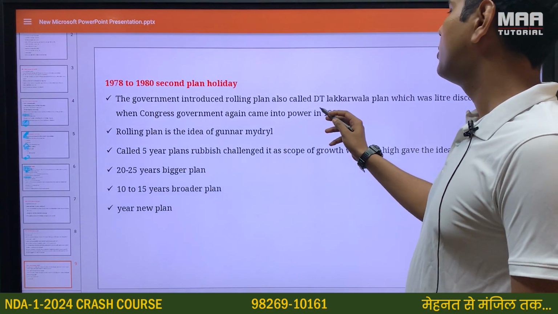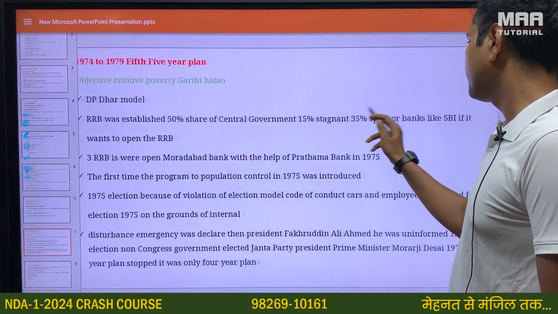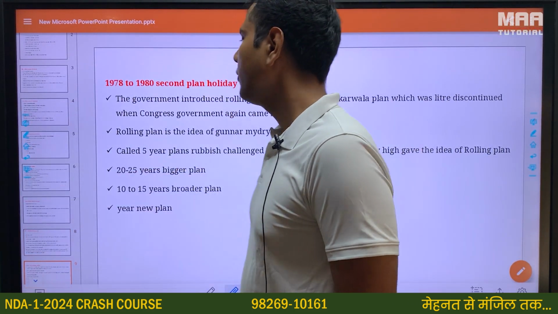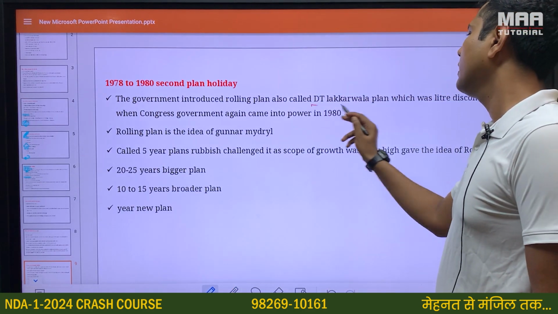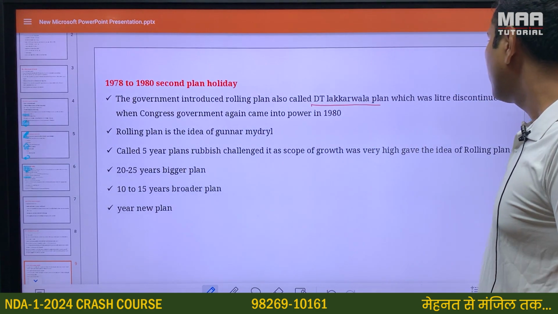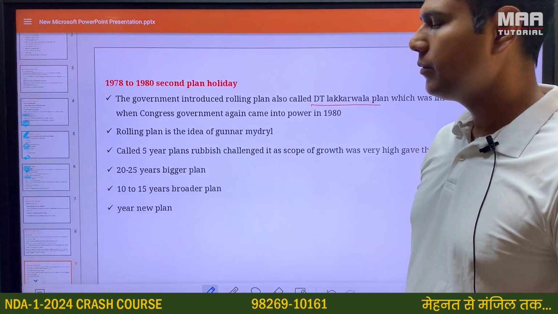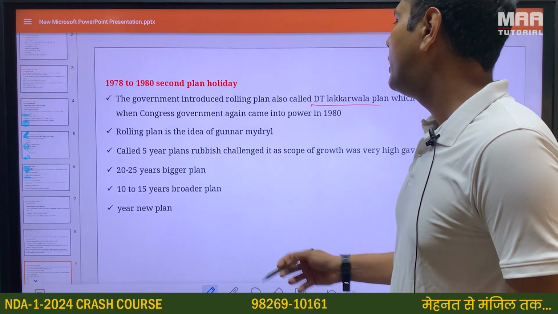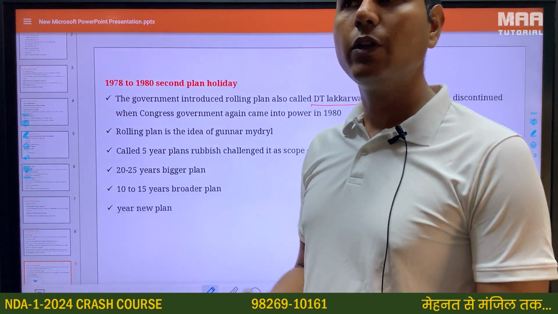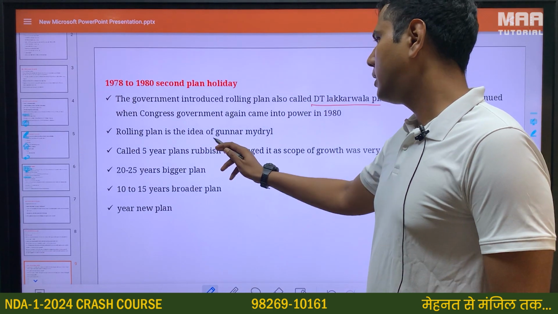Okay. So a famous economist called D.T. Lakdawala suggested this plan, the D.T. Lakdawala plan. It was basically on the basis of the rolling plan. The person who gave the concept of the rolling plan was Gunnar Myrdal.